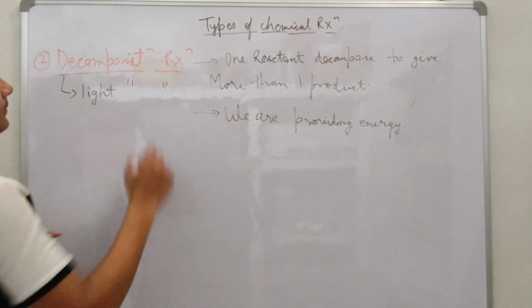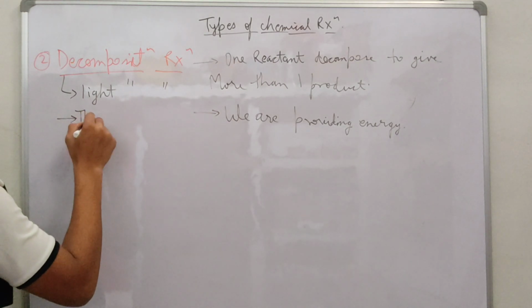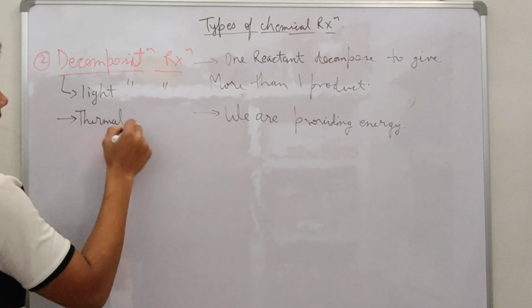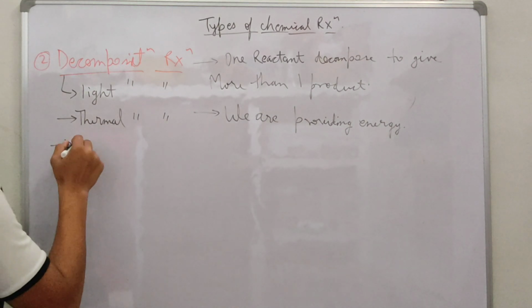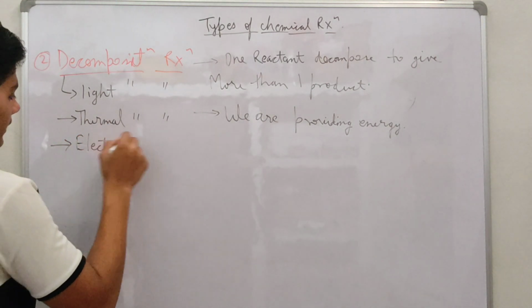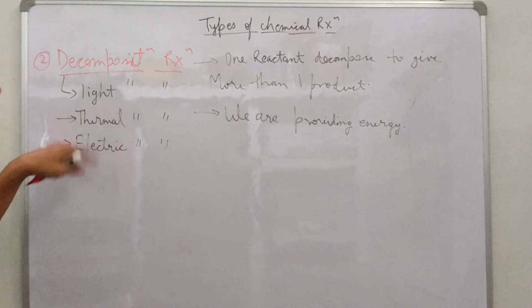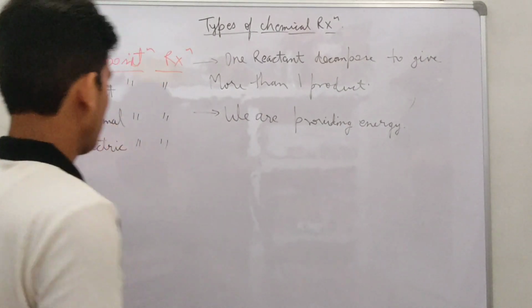The decomposition reaction in which we use heat as an energy source is thermal decomposition reaction. Number three is electrolytic decomposition reaction, in which we use electricity as an energy source. One by one we will discuss all these.